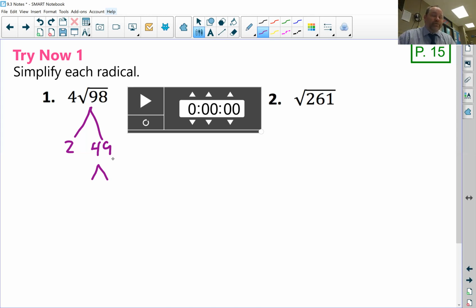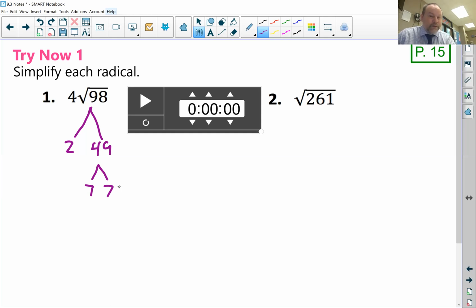The next prime number would be 3. 49, if I add the digits, adds to 13. That's not evenly divisible by 3. 5 is the next prime. 49 does not end in a 0 or a 5, so 5 doesn't work. 7, we just have to try. And 49 is evenly divisible by 7. 49 divided by 7 is 7.